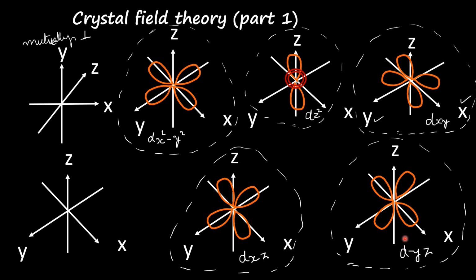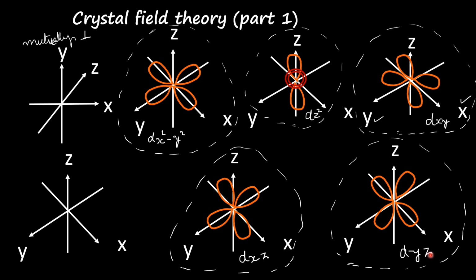The most important thing that you have to remember here in order to understand crystal field theory is that the first 2 orientations, dx square minus y square and dz square, that is the electron cloud orientation, is along the axis and the remaining 3, dxy, dxz, dyz are in between the axis.